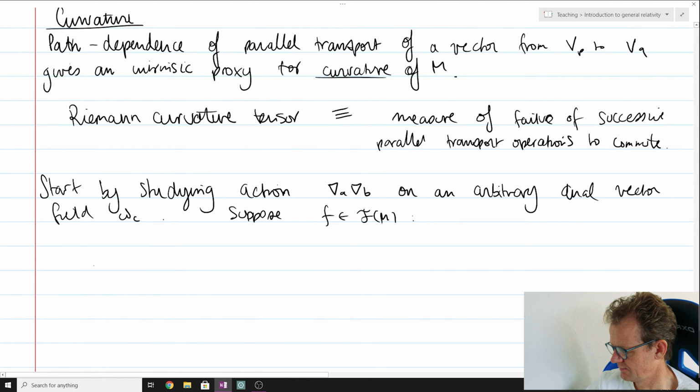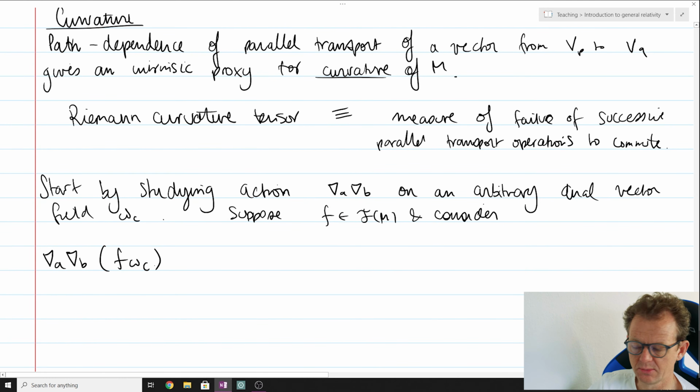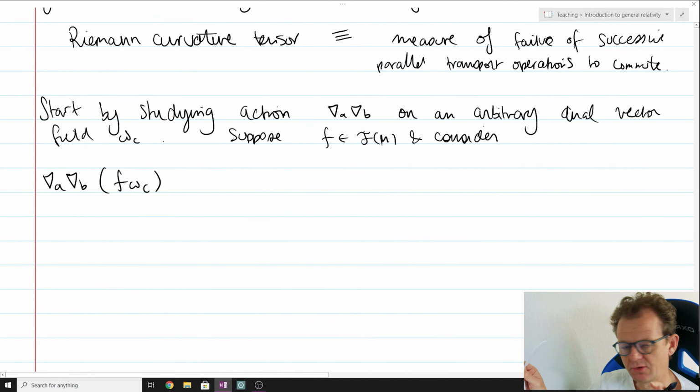So let's consider the following expression: delta A, delta B applied to f omega c. So if omega c is a dual vector field, then f times omega c is a dual vector field. And we're going to try and parallel transport it along one vector direction, which is indexed by slot A, and another vector direction, which is indexed by slot B. And to carry out this computation, we just use several properties of the derivative operator delta A. Firstly, we're going to use the Leibniz property.